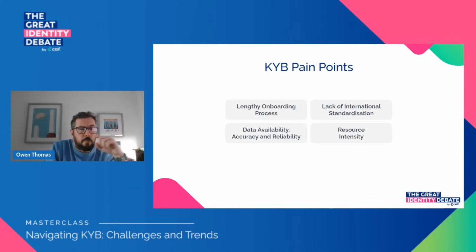And these manual processes are obviously notoriously difficult to maintain at scale. As businesses grow and onboard more corporate customers or partners, the KYB process needs to scale accordingly. Expanding resource to accommodate this growth can obviously strain budgets and operational capacity. Even if you've got money in the budget, where you're going to put these people is a massive issue.